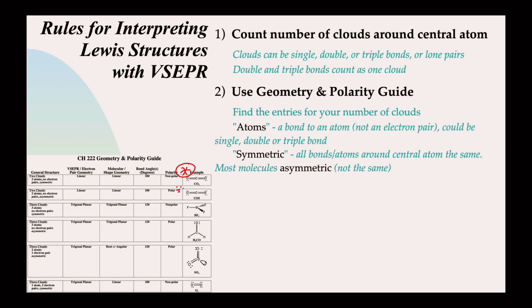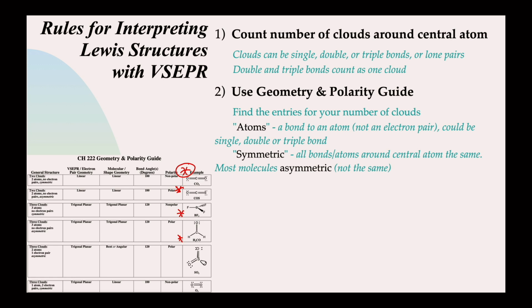COS, all right, which is similar to carbon dioxide, is not symmetric. It would be asymmetric because on the carbon you have an oxygen on the left and a sulfur on the right, so not everything is the same. BF3 is symmetric. Everything around the boron is the same, but as you can probably see, the next one, COH2, that one would be asymmetric. Everything around the central atom's not the same.